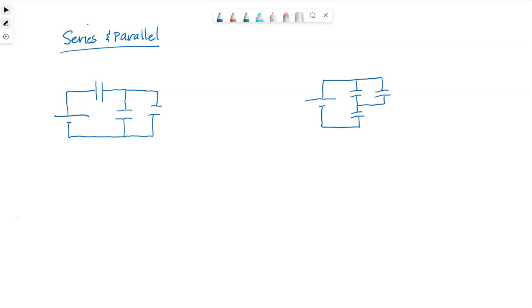As a reminder, series is when following a path you must cross all capacitors. So following a path from one end of a battery to the other, the capacitors you must cross are in series. In series, they will have the same charge.